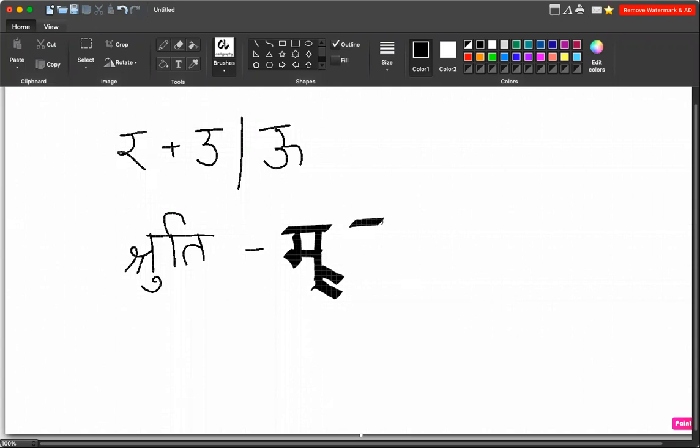We'll do more words to clarify the doubt. Then we have the e, shruti. Okay, I'll pick another word.